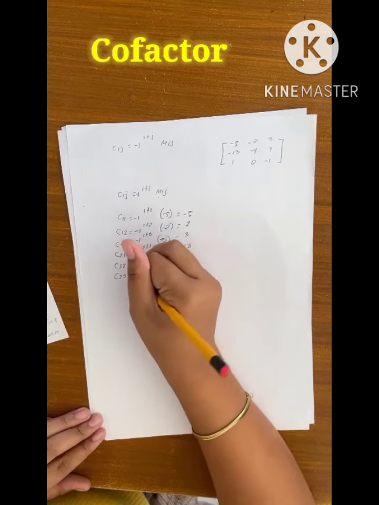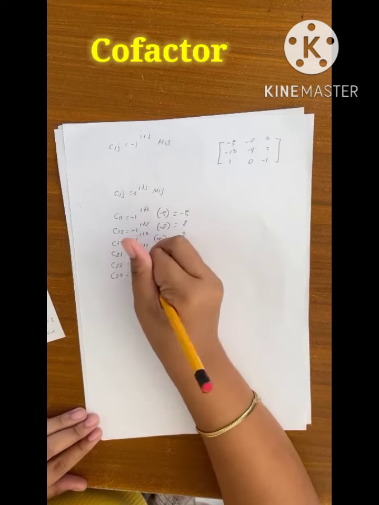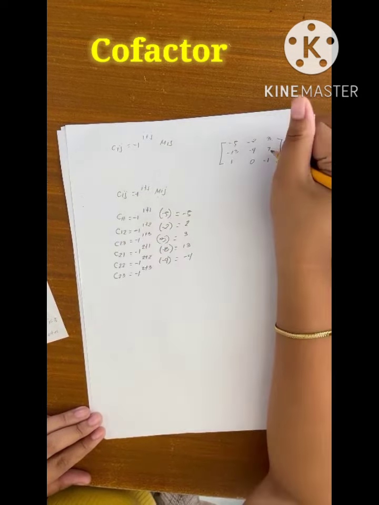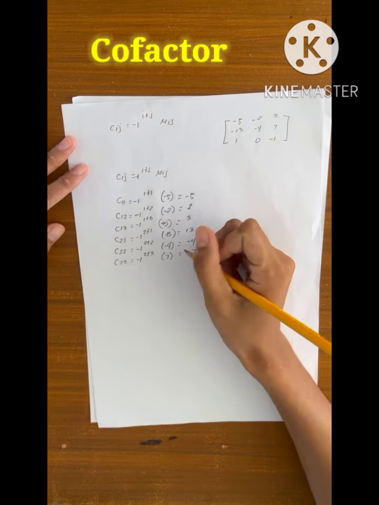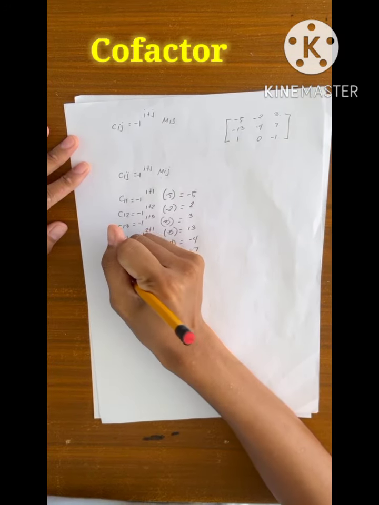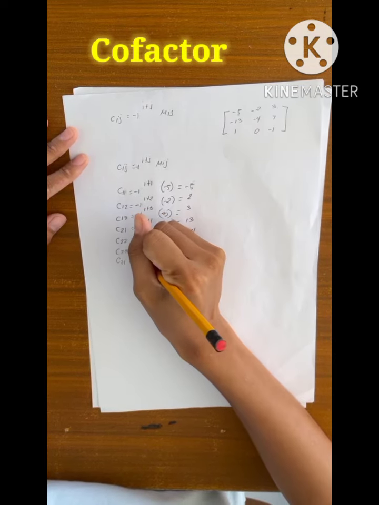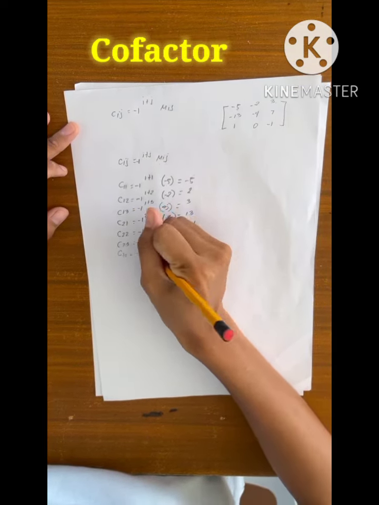C23 equals negative 1 raised to the power of 2 plus 3, and the M23 is 7, multiplied by 7 equals negative 7. Next is our C31, which is equal to negative 1 raised to the power of 3 plus 1.